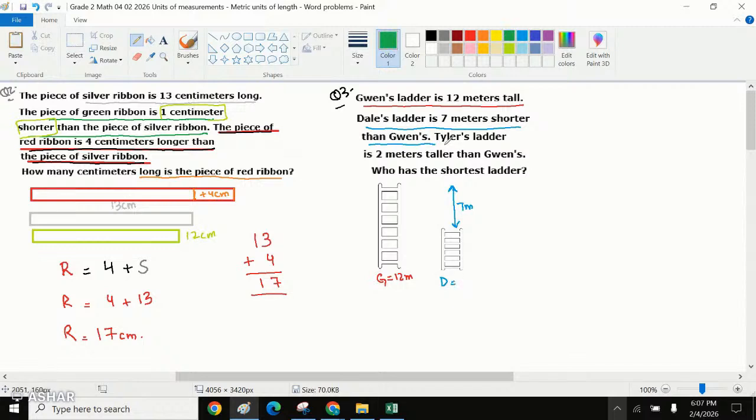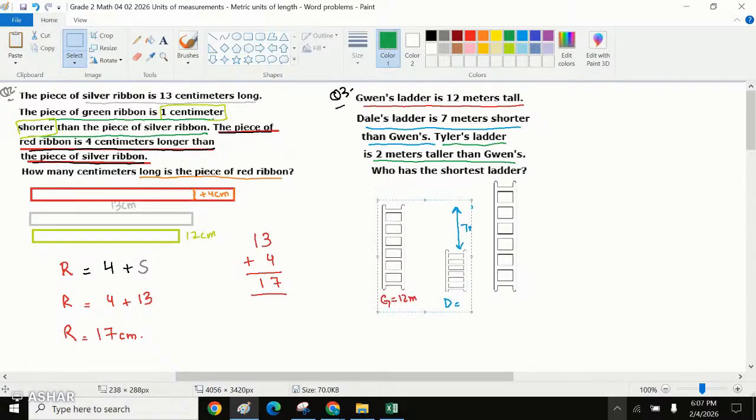Next, they are saying Tyler's ladder is 2 meters taller than Gwen's. So if this is Tyler's, it is 2 meters taller than Gwen's.